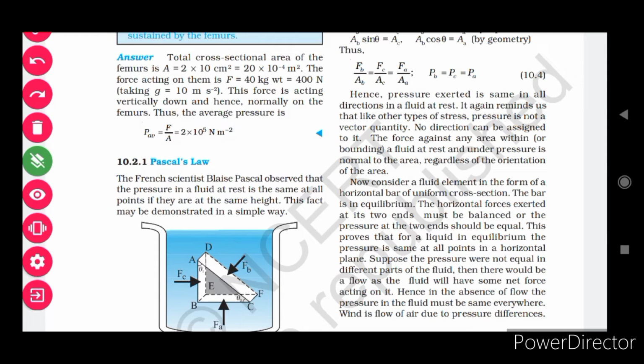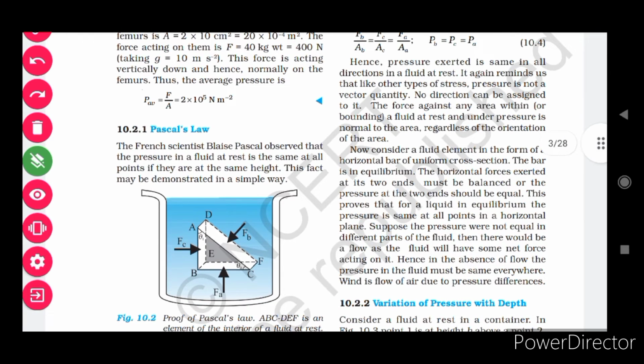When a pressure is applied to an enclosed liquid, it is transmitted undiminished in all directions in the fluid. Now in this video we'll understand it in more detail. I'll read the NCERT and explain it to you. So let's start Pascal's law.